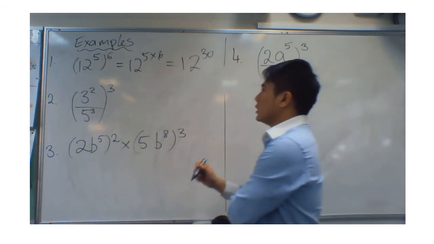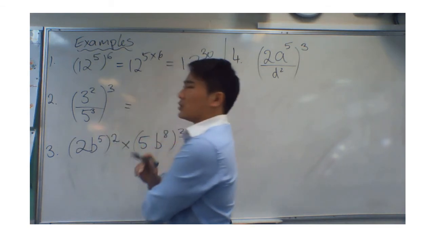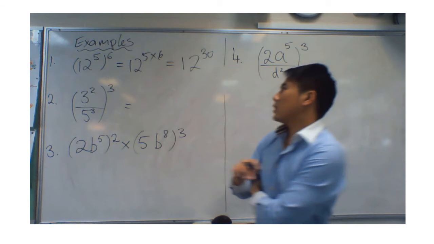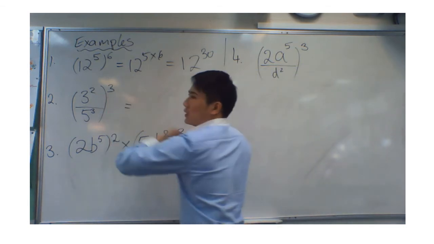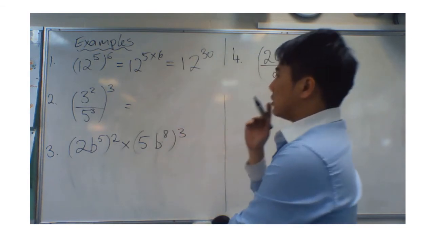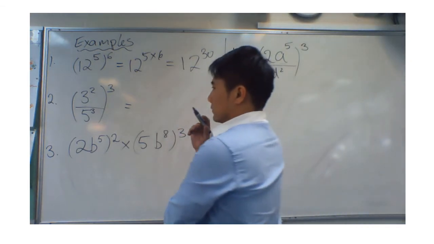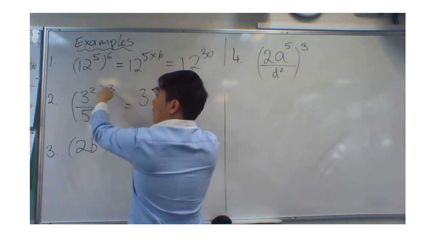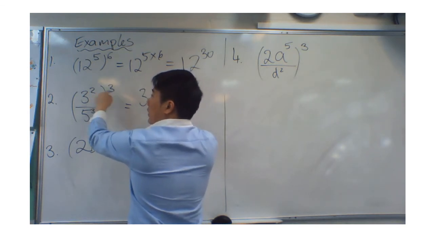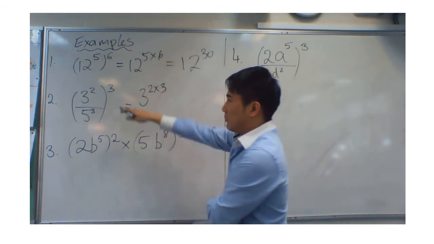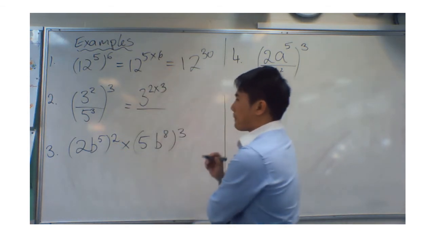Alright? So which index law are we going to use? We are going to use the fourth one, right? We are raising a power to a power. So what would happen to the top? The top is going to become 3 to the power of 2 times 3. Do I add them? No, we times them. Right? That's the top. What about the bottom?